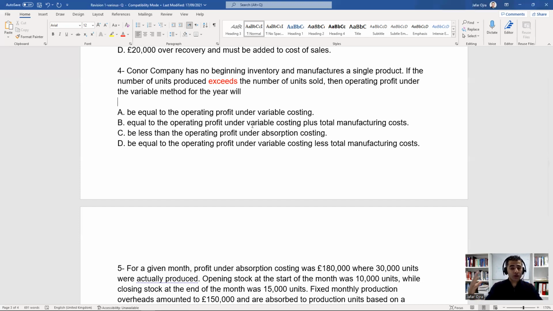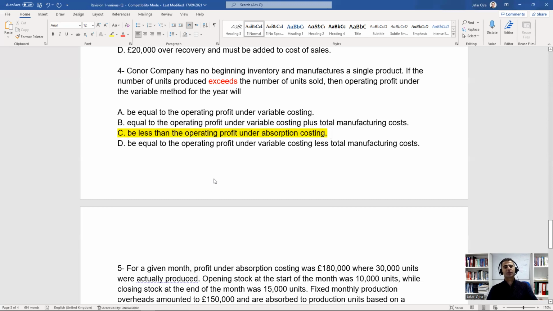And if we have a closing inventory, the profit under absorption costing will be higher than the profit under variable costing. So the operating profit under the variable method will be less than the operating profit under absorption costing. So the answer is C.